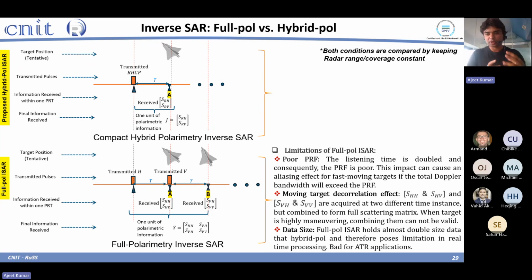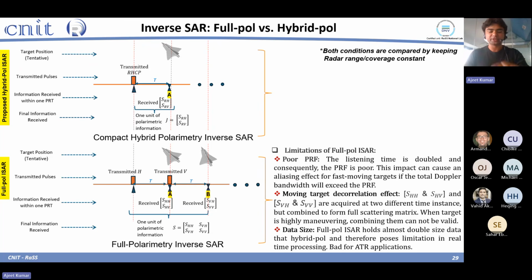The concept is more or less the same, but inverse SAR is more challenging because you need to decide the IPP, the image projection plane, and do a lot of things. However, the azimuth resolution is improved based on the motion of the target, same as in synthetic aperture radar, where the motion is of the platform, not the target.